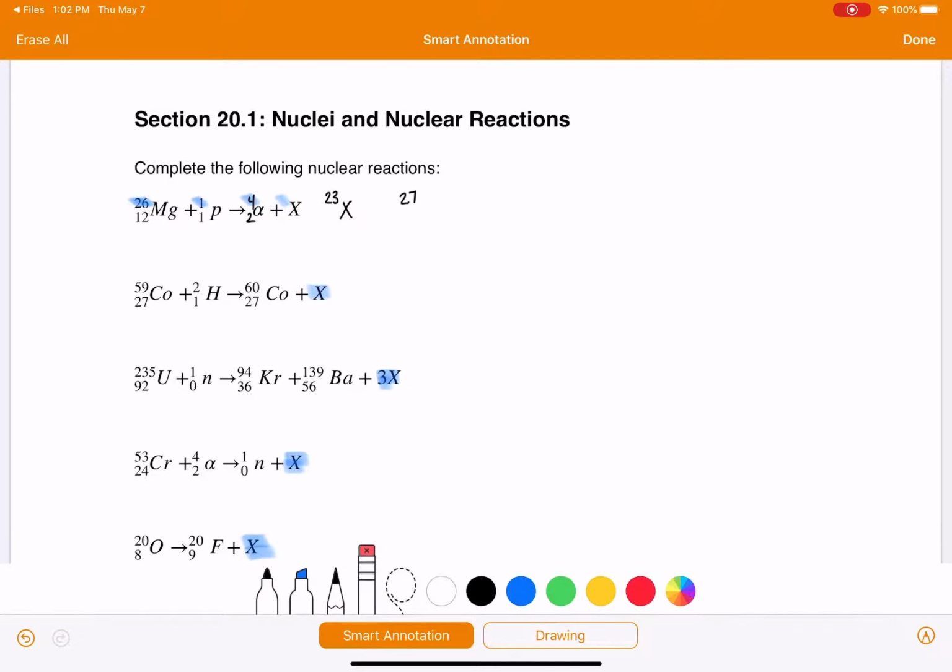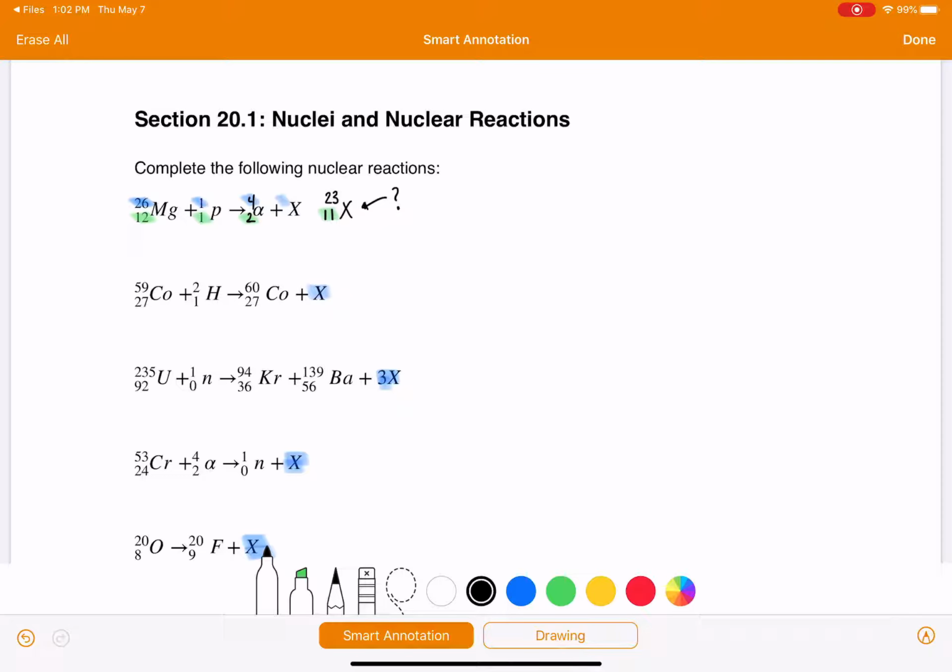Has to be 23. And then now let's focus on our protons. For our protons, on the left-hand side, we have 12 plus 1, so that's 13. That means that on the right-hand side, we also need to have 13 as well. 2 plus what equals 13? That tells us how many protons we have. But we still haven't totally figured this out, because our goal is to figure out what X is.